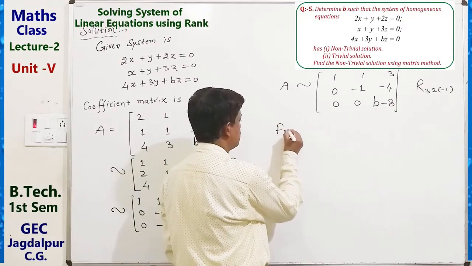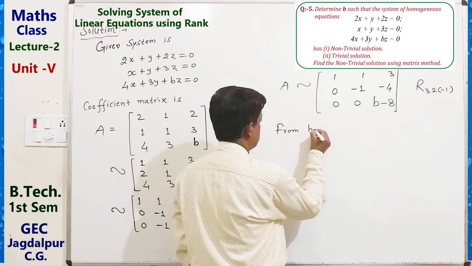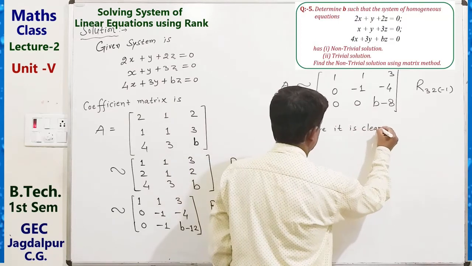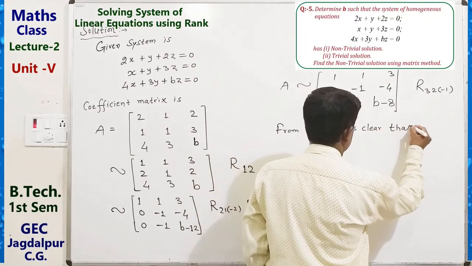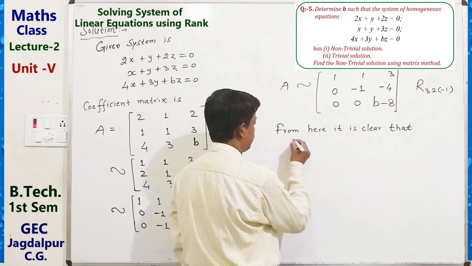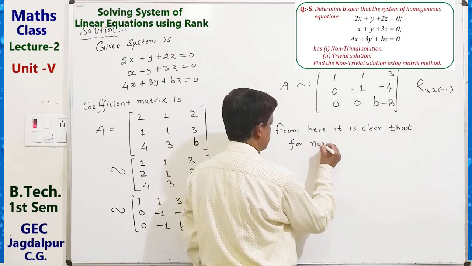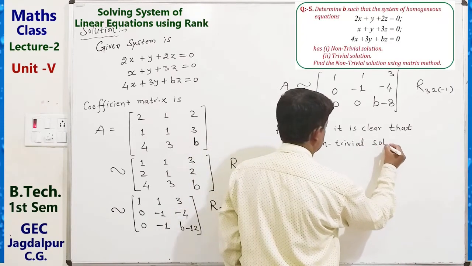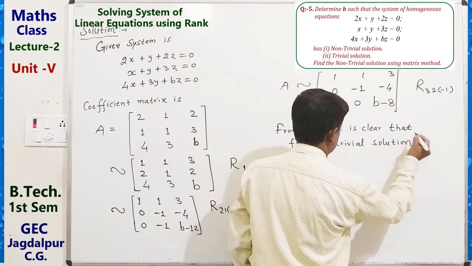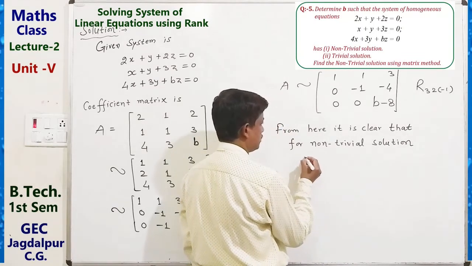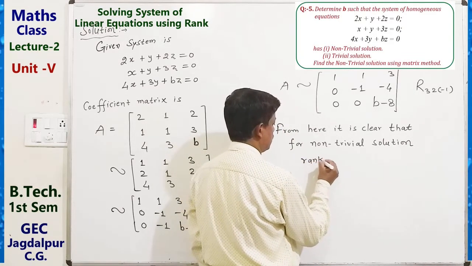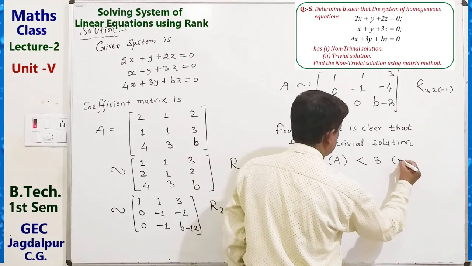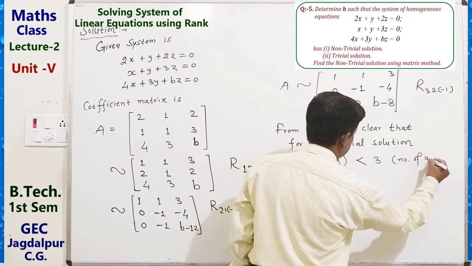From here it is clear that for a non-trivial solution, rank of A should be less than 3, the number of unknowns.